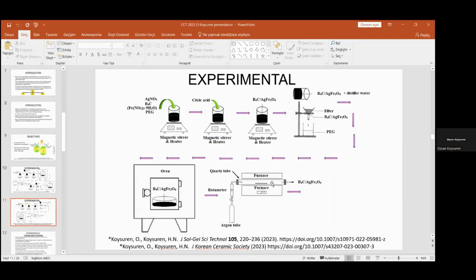Again, simple sol-gel techniques are utilized, especially here the auto-combustion reaction results in the formation of silver ferrite in the presence of boron carbide. Then we dried the composite sample after necessary purification and applied calcination, a high temperature treatment, to improve the crystallinity in the structure.